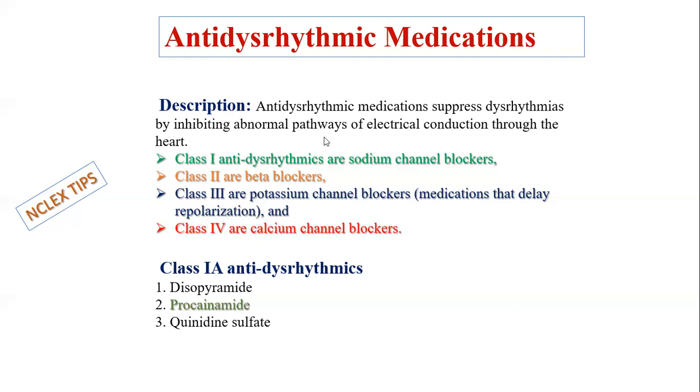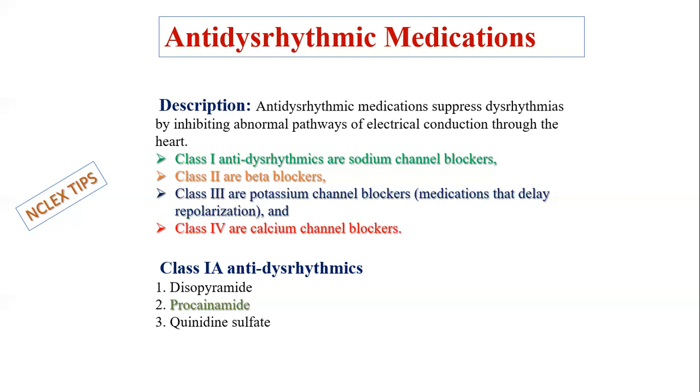Class 3 are potassium channel blockers. These medications delay the repolarization. The most commonly used is amiodarone. And class 4 are called calcium channel blockers because these drugs block the calcium channel. The most commonly used are verapamil or diltiazem.